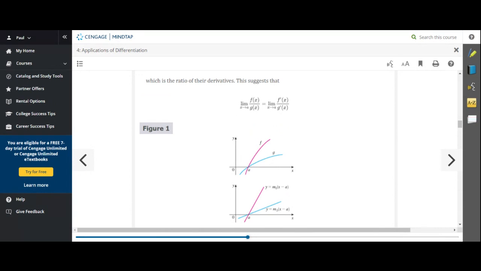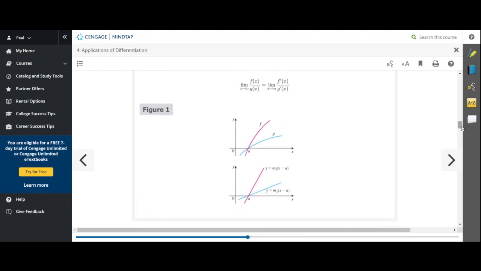0. That's right, Adriana. That's right, Tina. So what's happening is you have two functions f and g approaching 0 as x approaches a. So f over g as x approaches a, the limit is an indeterminate form. But look at what they do here. They say, let's zoom in on these functions f and g near x equals a.